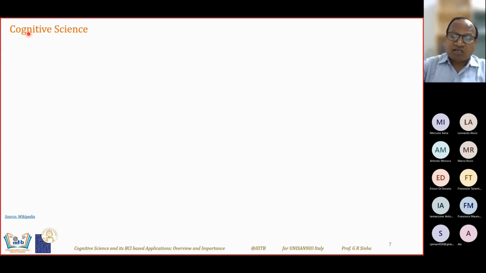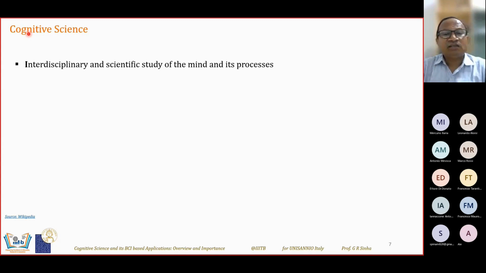So in cognitive science, the important term is cognition. It's a purely interdisciplinary and scientific study of the mind and its processes. In fact, mind, I'm sorry, mind may not be a very appropriate term, because mind is actually the dynamic nature of your brain. I can say that my brain is stable and physically attached to my head, but my mind may be anywhere.